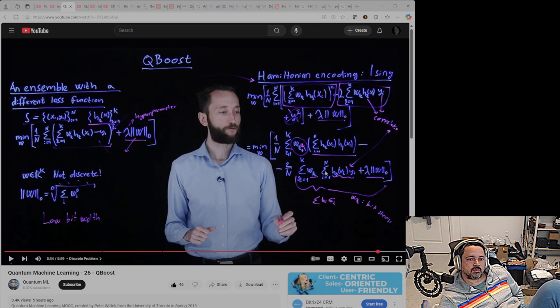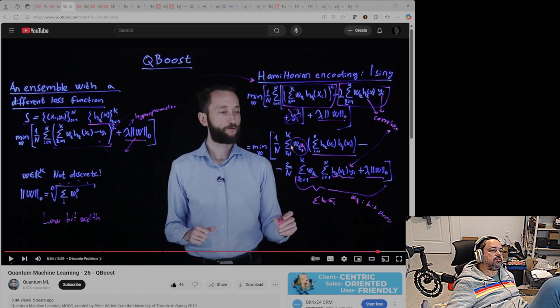Okay. So that calculation, instead of doing it classically to do the min of the ensemble, you would throw it into an Ising model quantum computer, minimize the energy, and if you go to large ensembles, this will be quicker.